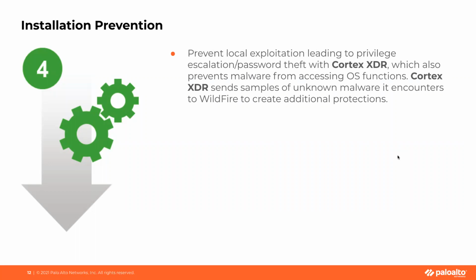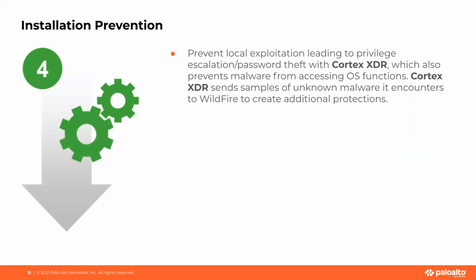So again, this happens on the endpoint, and again, not a lot of things that Prisma Access itself can do here. But as I mentioned, Cortex XDR is a really strong player here, because local exploitation that can lead to either privilege escalation or password theft, with tools such as Mimikatz, can be detected by Cortex XDR.